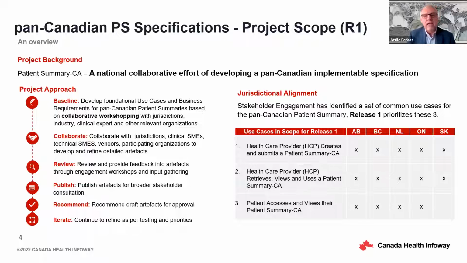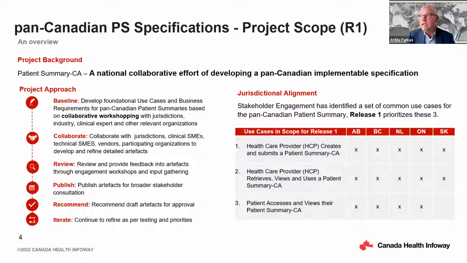We got started probably around March, April with setting up some governance capabilities to organize ourselves and make decisions. And once that baseline was established and the collaboration was established, then we got going and started developing the specification. We went through several review cycles that I'm going to talk about a bit later, and finally got it published. And now we're in the last stages of that process. You can see there the recommend and iterate on the left side.